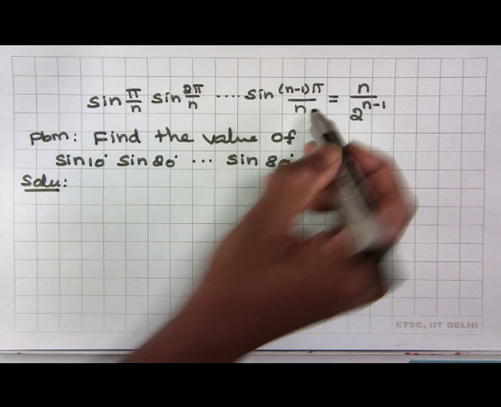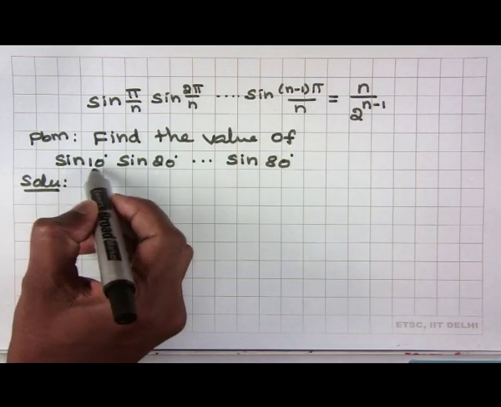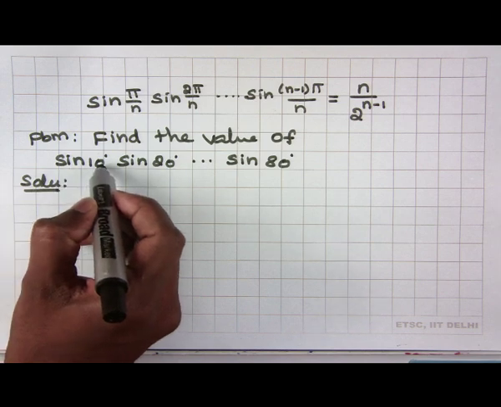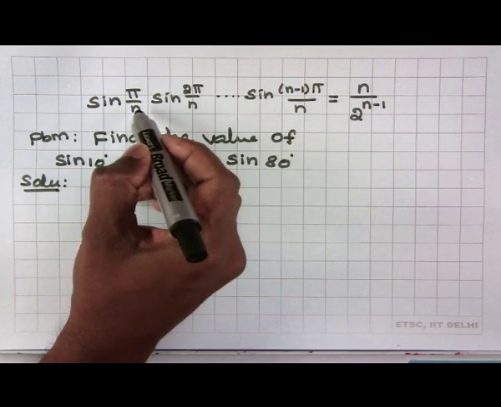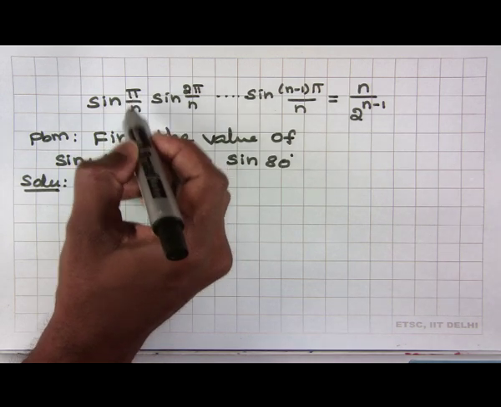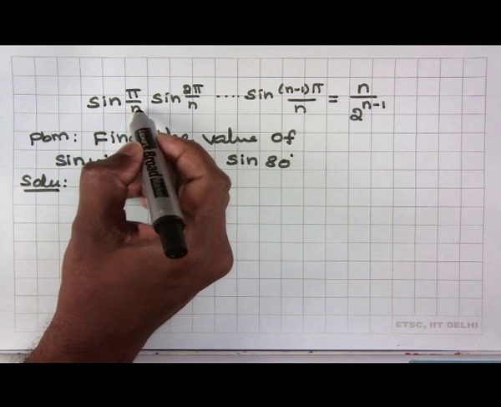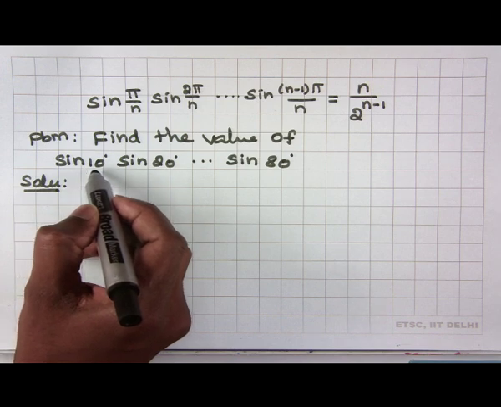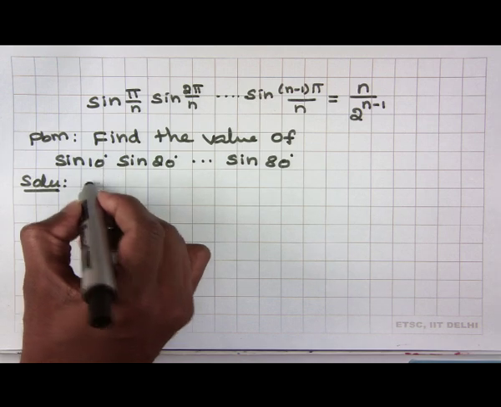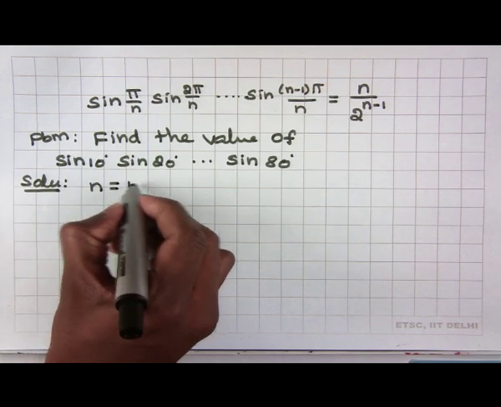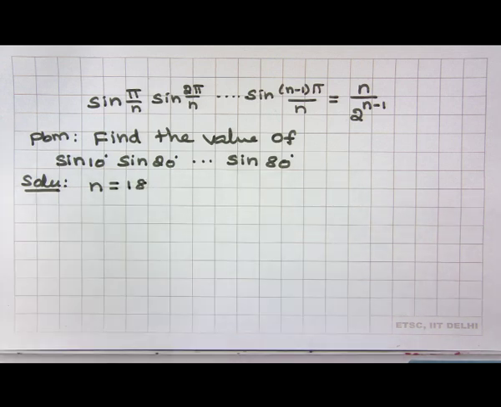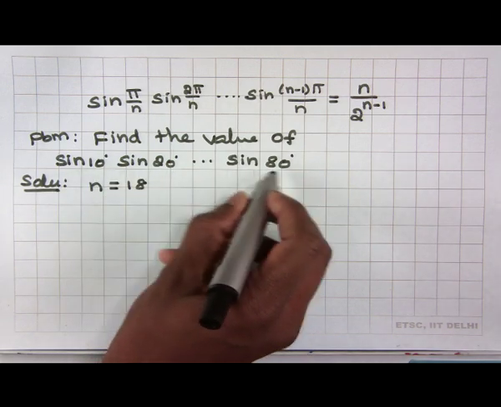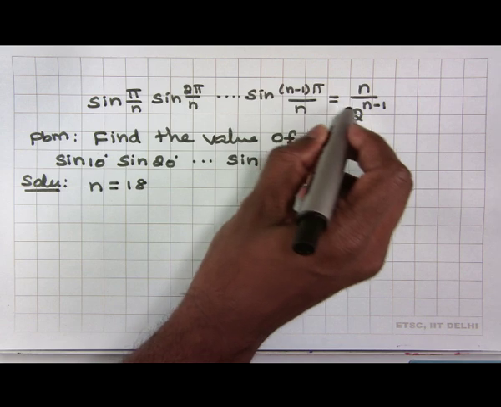If I try to match the first term, which is sin 10 degree, very naturally I see that if I take n as 18, I get the first factor, sin 10 degree. So let us start with n equal to 18, and then I am able to coincide with part of the expression from the above identity.